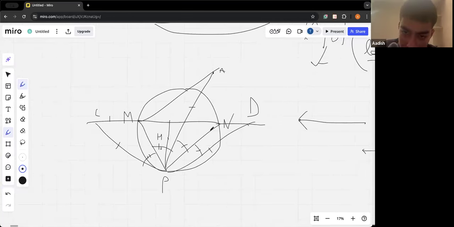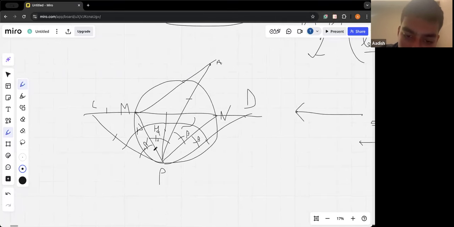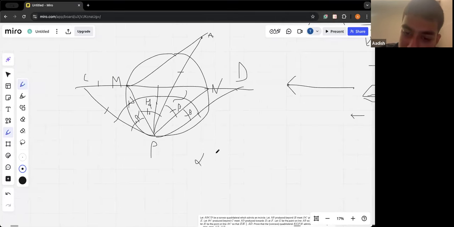And also, PCD is an isosceles triangle, right? And this is the altitude of an isosceles triangle. So this angle, I'll dash it, is equal to this angle. Okay, so let's call this alpha. Let's call this beta. This is also beta. This is also alpha. And alpha plus beta is our angle P, right?